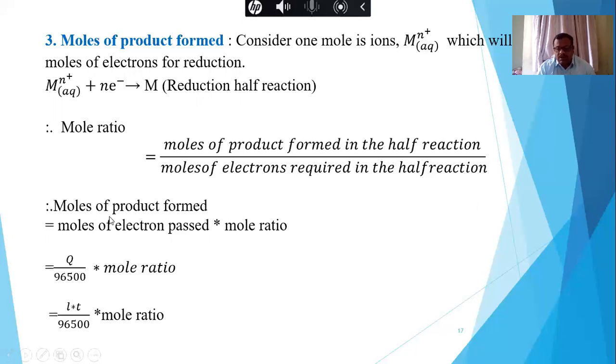Therefore, the moles of product formed is equal to moles of electrons passed into mole ratio, which means moles of product formed is equal to Q upon 96500 into mole ratio. And finally, the moles of product formed is equal to I into T upon 96500 into mole ratio.